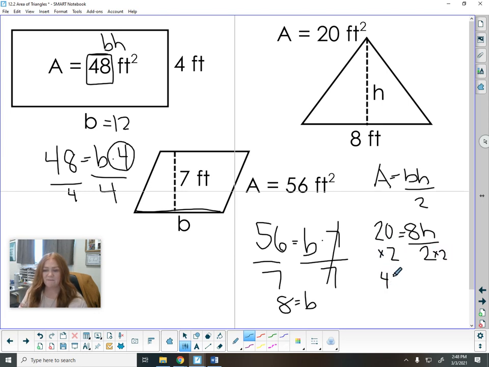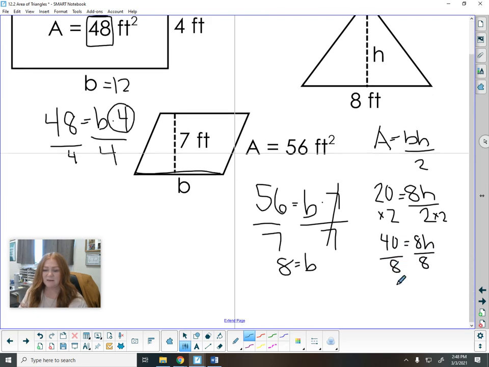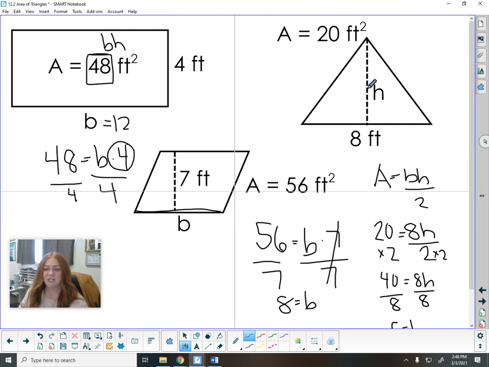So now we have 40 equals 8h. We want to get h alone, so divide by 8, divide by 8, 5 equals h. So let's plug it in. 8 times 5 is 40. That's a rectangle. You have to cut it in half. 40 divided by 2 is 20.